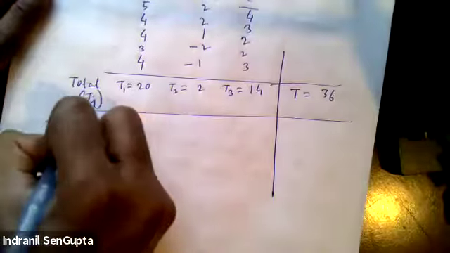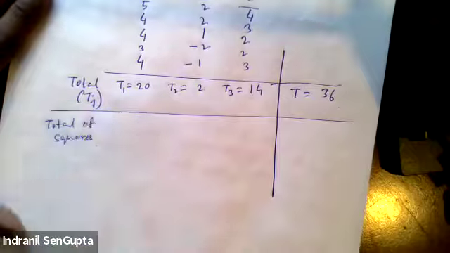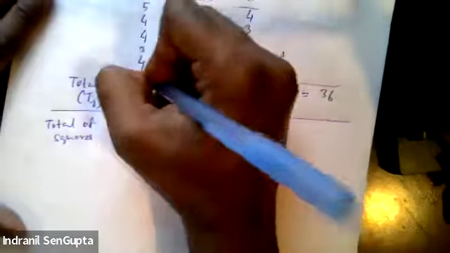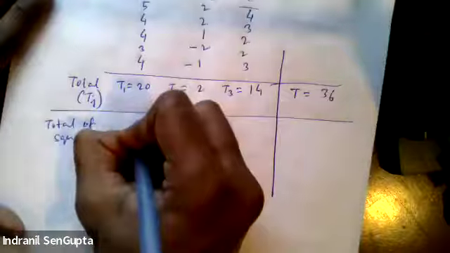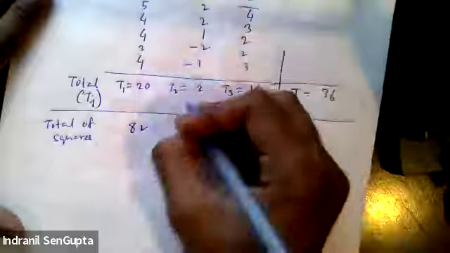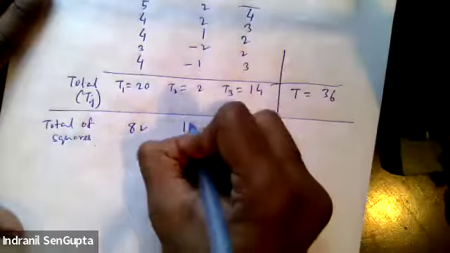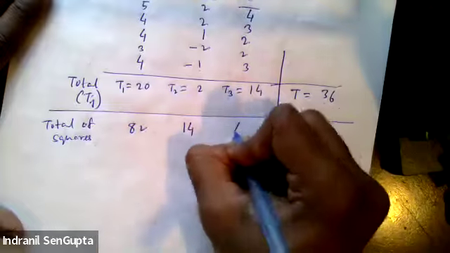Total of squares, where we square and add. This one will give you 82. I can check. Here, if I square and add all this, 2 squared plus 2 squared plus 1 squared plus 2 squared plus 1 squared, that's 14, 42.